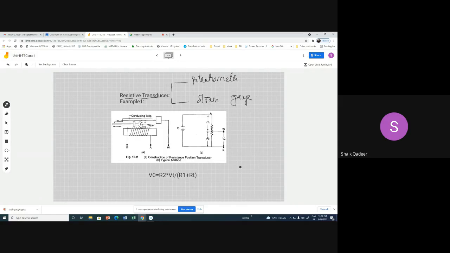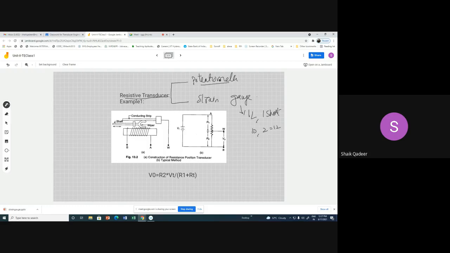This is very, very important. Its weightage is one long answer and one short answer, 10 plus 2, 12 marks. This topic is a little lengthy. I am starting this topic in today's class itself. So, first let us take the potentiometer.